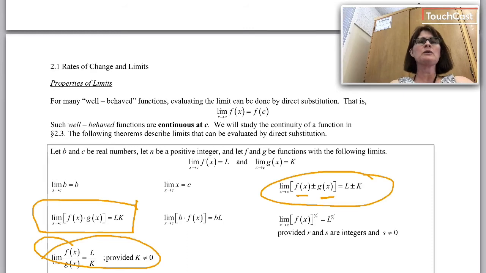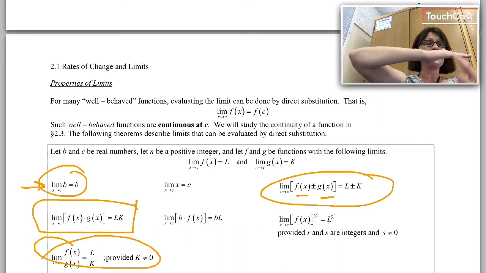Some other ones to know. The limit of a constant function is that same value. Remember we said limits are y values. So this is like saying, imagine you had the function y equals b. That's a horizontal line. The question is, what if I let x equal some x value? What's the y value going to be?